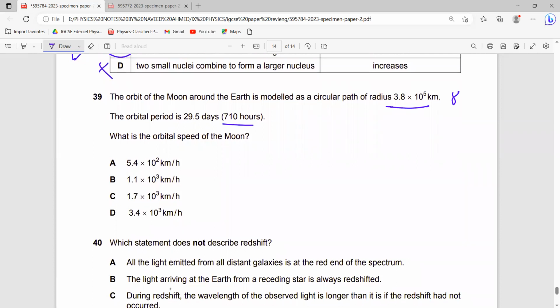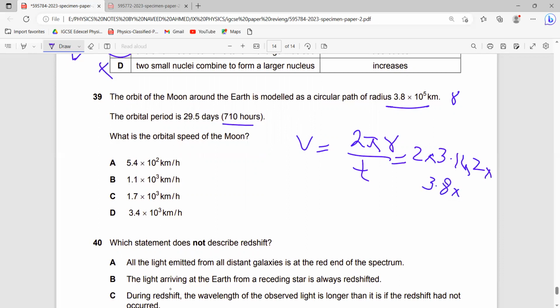Okay, this is a question related to a new topic, that is space physics. And here we find the speed by this formula. Orbital speed is always 2 pi r over T. So put in the values. 2 pi, we are taking 3.142, times radius 3.8 times 10 to the power 5, and time is 710.